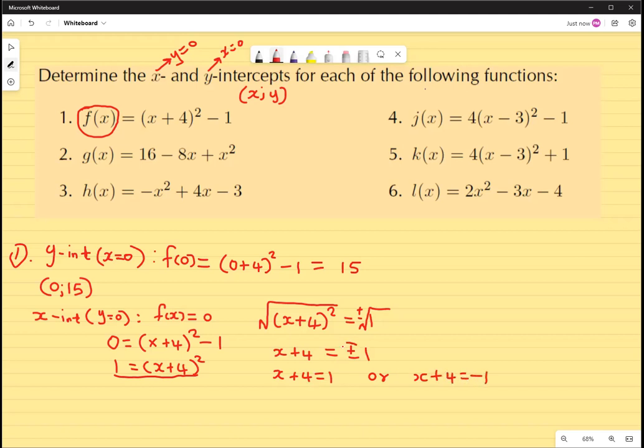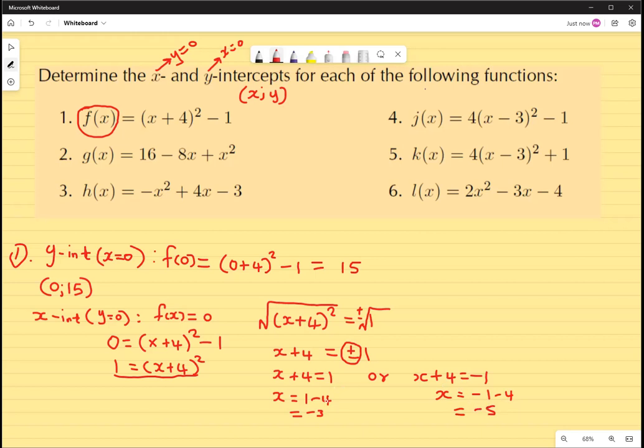So I'm splitting the plus and the minus. Plus 1 is here, the -1 is there. Then I have x equals to 1 minus 4, which is -3. And then this side I have x equals to -1 minus 4, which is -5, right?